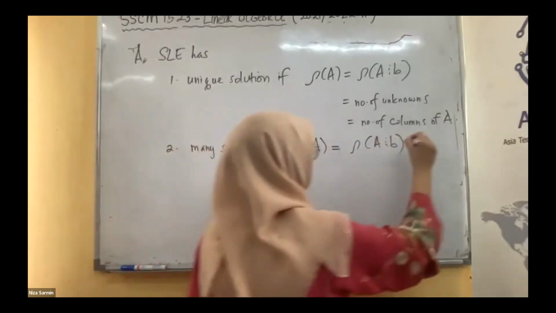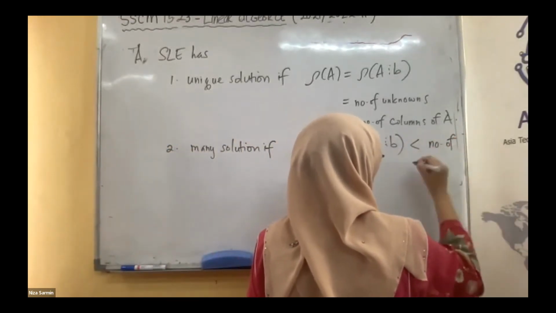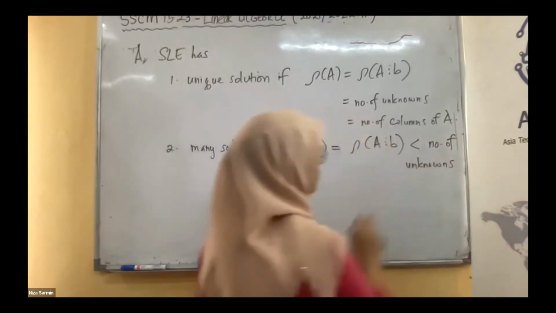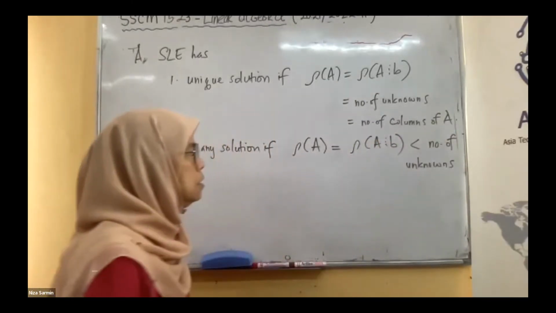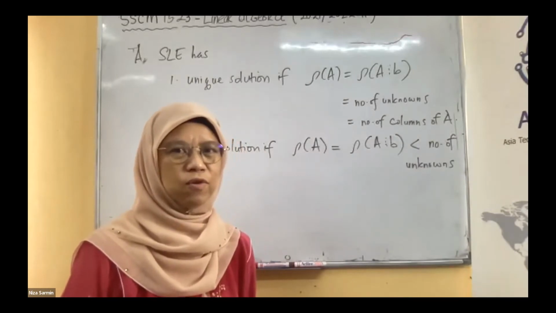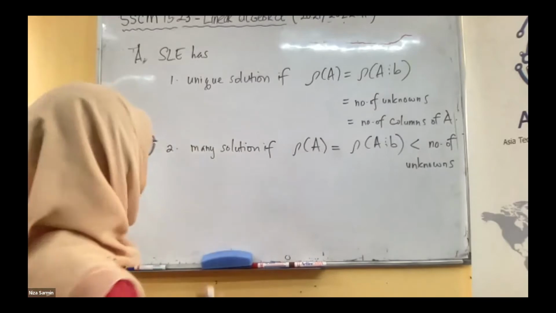Equal, but less than the number of unknowns. The number of unknowns is the number of columns of A. It has to be equal, but less than the number of columns. If they are not equal, then there is no solution.